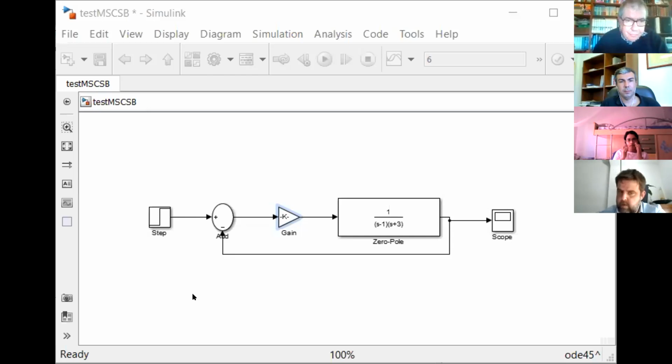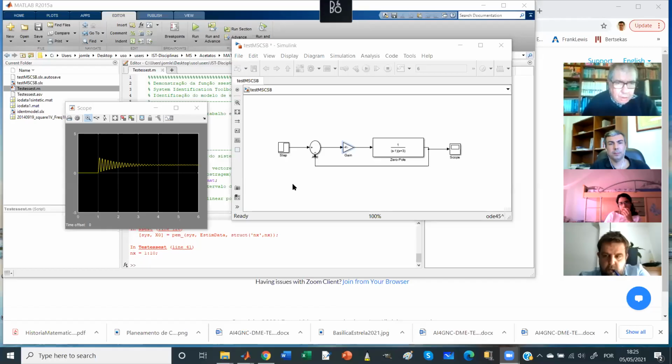Oh, I'm sorry, what I want to do is a different thing. I want to share this. Now you can see the graph and what we have done before. Can you see the Simulink block and the simulation? Yes. Okay, so let's change this.